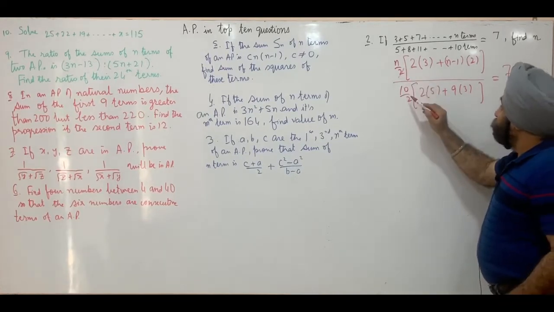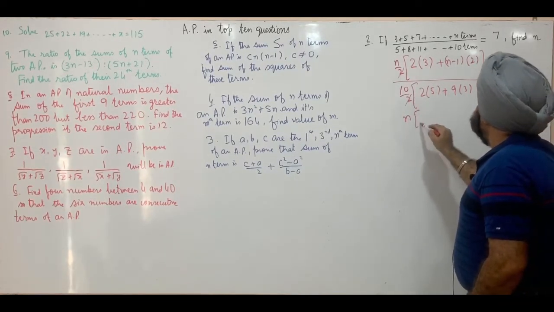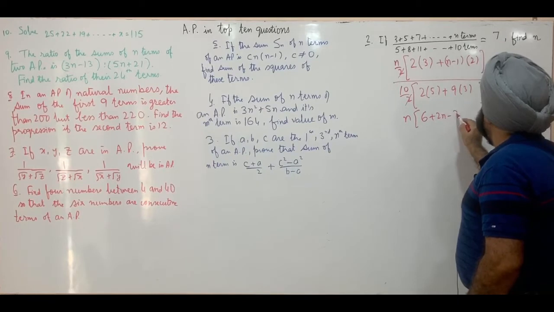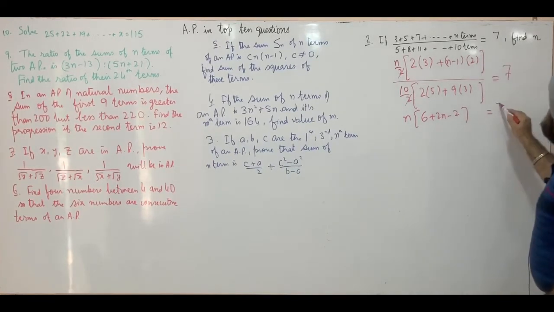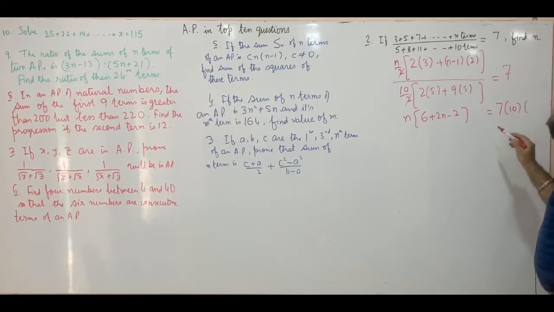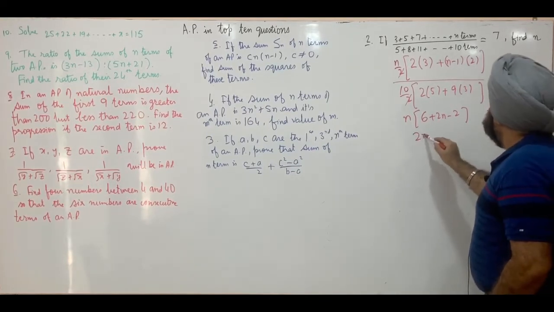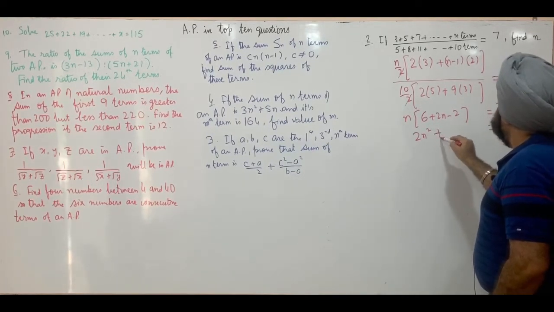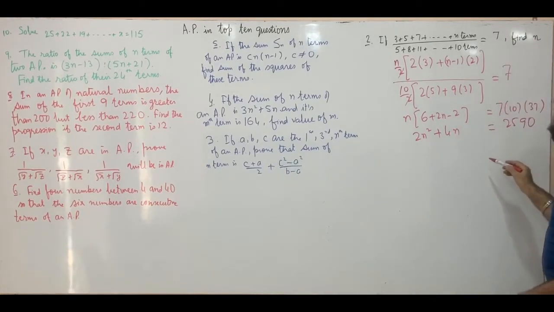This 2 will cancel out. It's n into 6 plus 2n minus 2. This is equal to 7 into 10 into, this is 27 plus 10, 37. This is 2590. So 2n square plus 4n is equal to this.